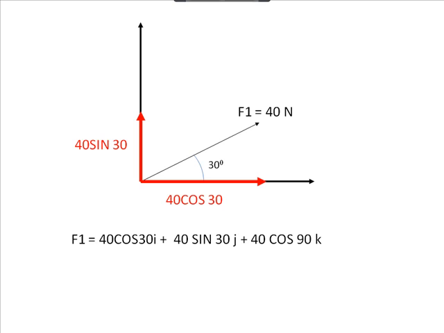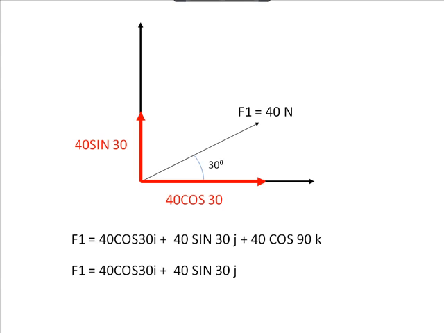Now, cos 90 is 0, and if we are going to deal with planar forces, for any force in this plane, the angle with z-axis is always going to be 90, and therefore the z component of any planar force which is in the xy plane will always be 0, and therefore this force in vector form is popularly written as 40 cos 30 i plus 40 sin 30 j.